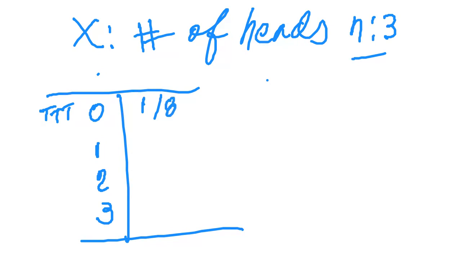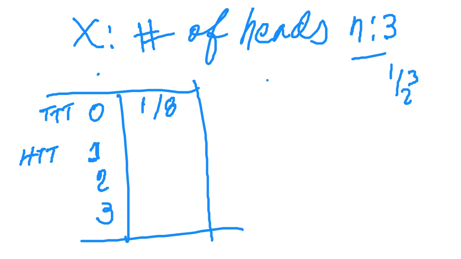Remember, the probability of any simple event is going to be 1 over 8, because it's 1 over 2 to the third, which is 1 over 8. For 1 head, you have 1 head and 2 tails, and you can have 3 of them, so you got 3 out of 8. And then you also have 2 heads and 1 tail, and that is 3 of them also.